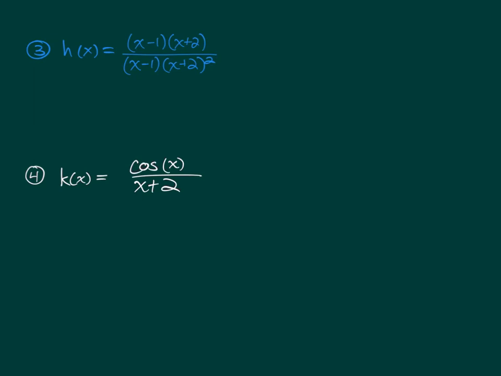In this next example, h of x equals x minus 1 times x plus 2 over x minus 1 times x plus 2 squared. This is a rational function. If you multiplied all of this out in the numerator and denominator, you would end up with two polynomials. So we can jump right into finding where this function is not continuous.